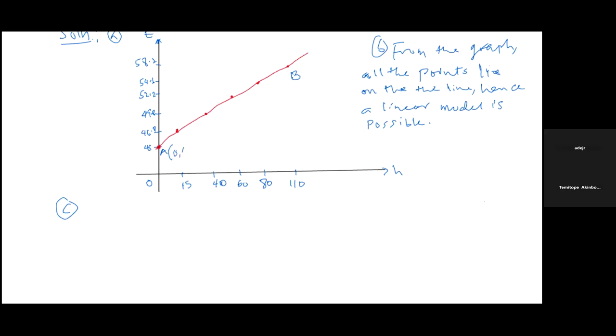Then point B here is the point where H is 110 and E is 58.2. So that implies that my point A, I'm going to get my x1, y1 there. And from my point B, I'm going to get x2, y2 there.